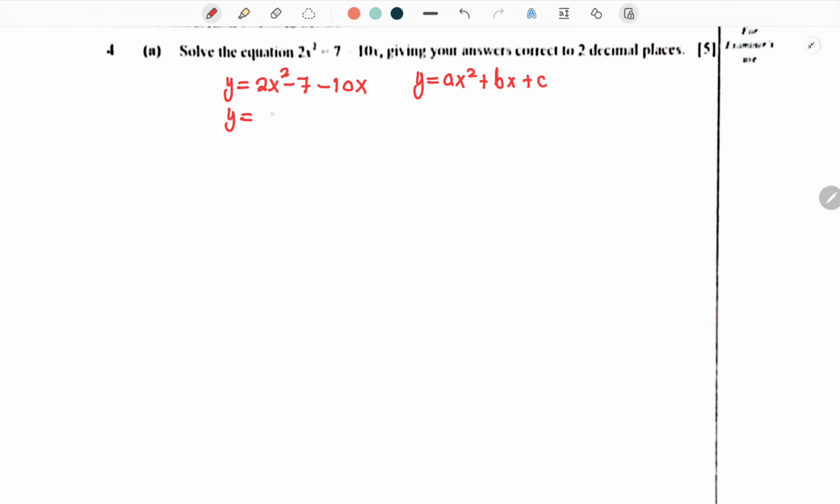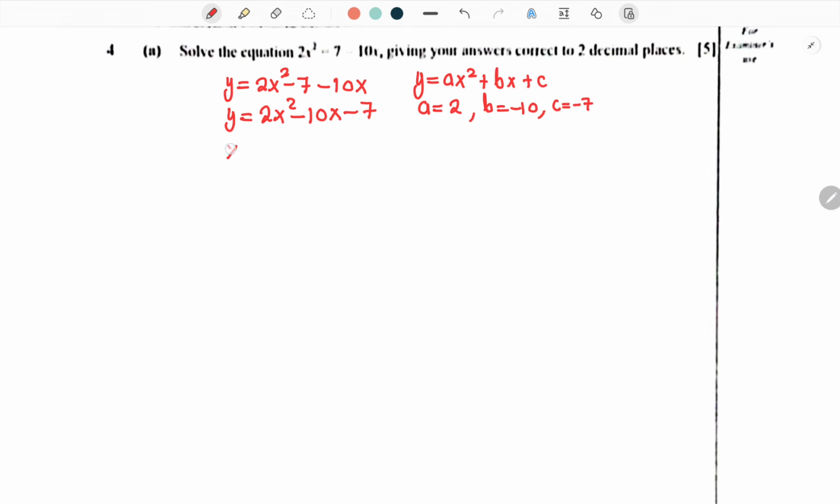So y equals 2x to the power 2, the next thing that should follow is 10x and then minus 7. From there, you can pick your a, in this case 2, b, in this case negative 10, and c, in this case negative 7.